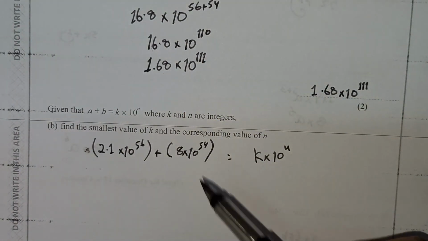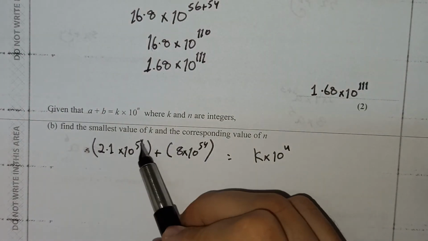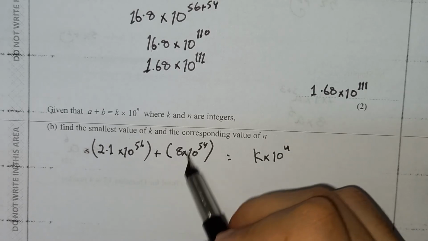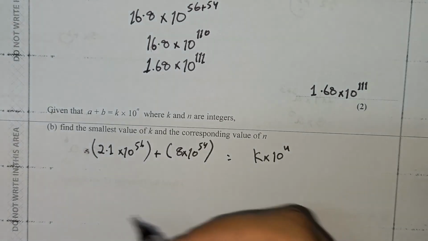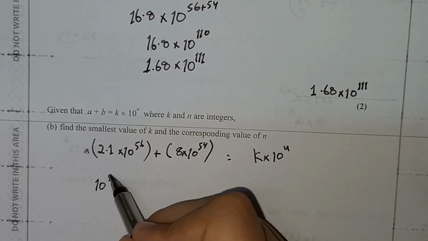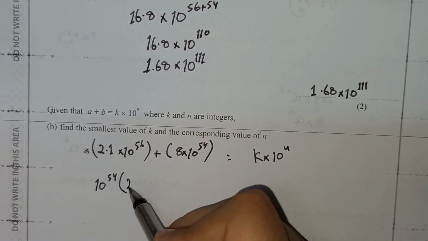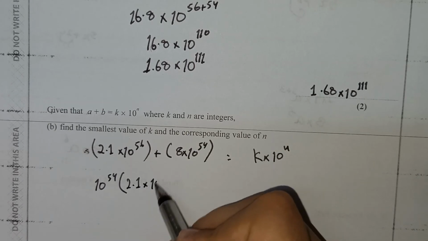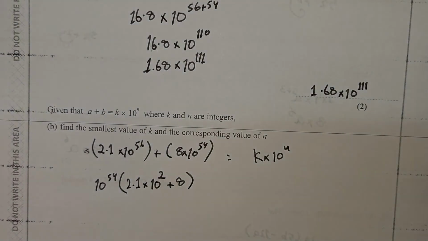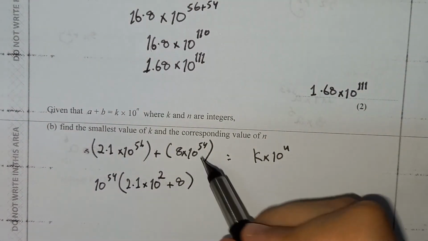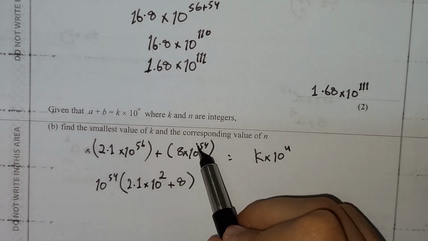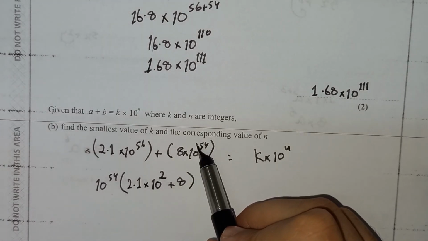So in addition and subtraction, you need to take the smallest power of 10. Over here, the smallest is 10 raised to the power 54. So we will simply take that common, which leaves us with 10 raised to the power 54 times (2.1 into 10 raised to the power 2 plus 8 into 1), but writing 1 is of no use. So right now we took 10 raised to the power 54 common.